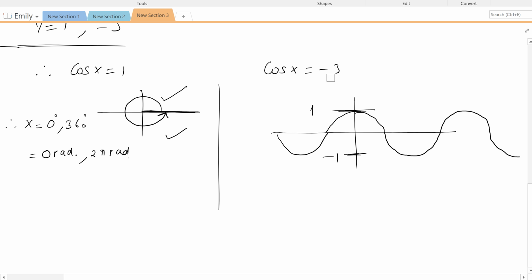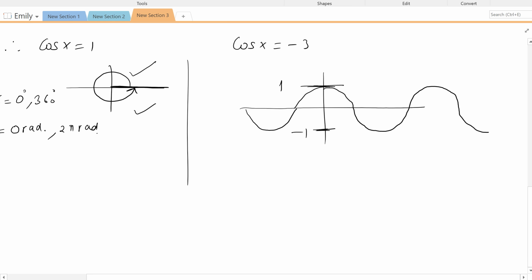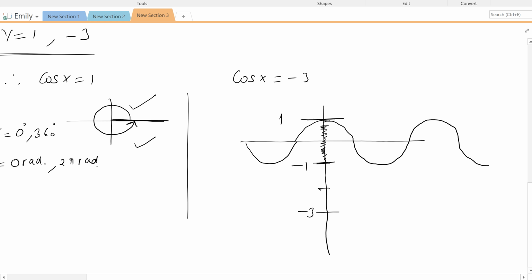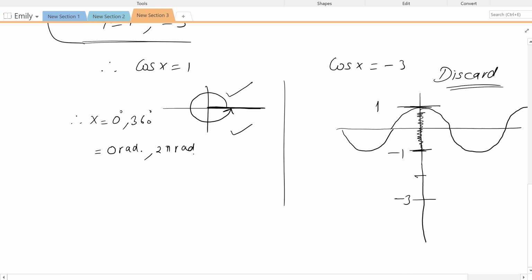But this result is giving us negative 3, which is going to be down there. This is a base function, and according to the rule it should stay within that range. It cannot obtain that value, so that case is redundant. We discard it because it's not possible. So your answer is going to be that.